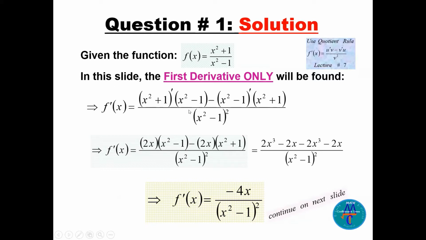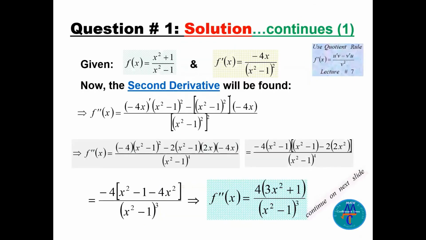This is 2x, this is also 2x. When you multiply here, you get 2x cubed minus 2x cubed minus 2x. So you will get f prime simply as minus 4x divided by x squared minus 1 all squared. This is f prime. We need it in the graphing.